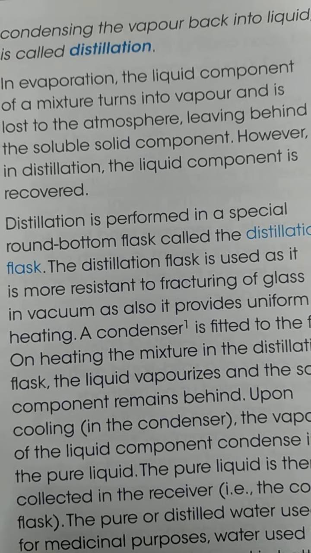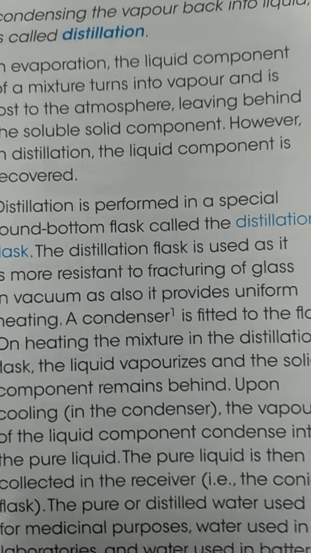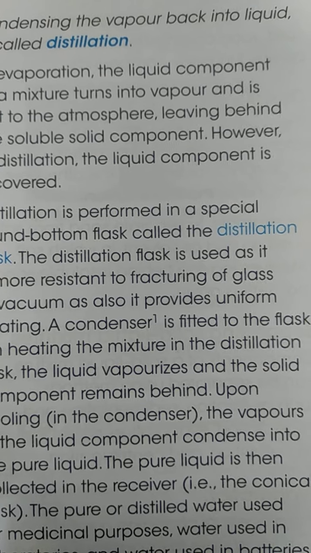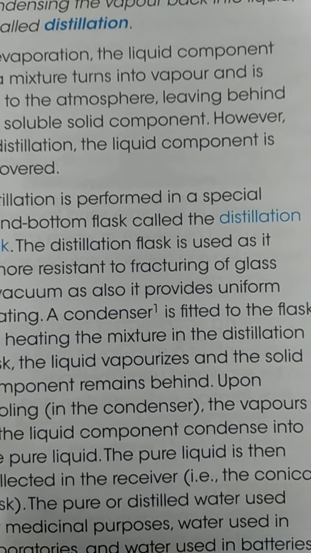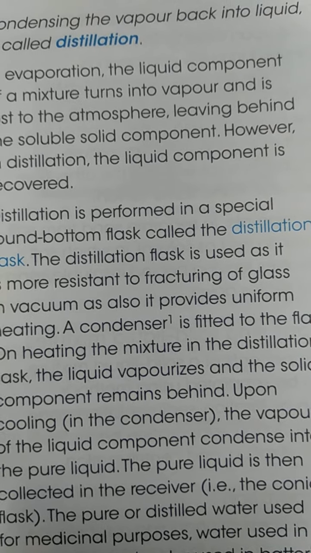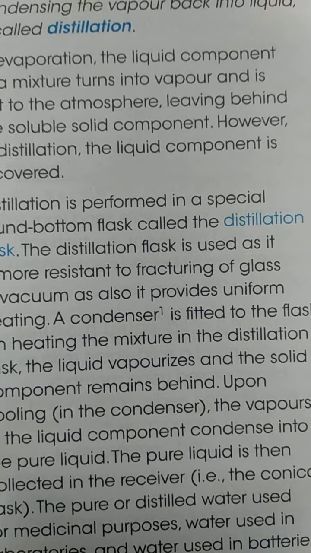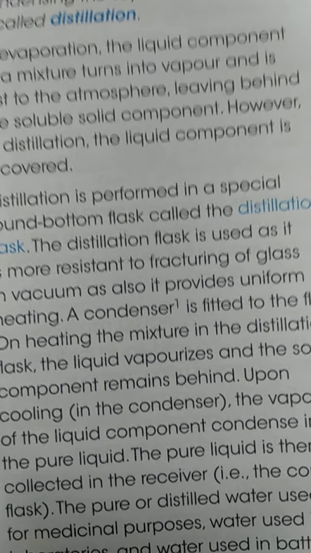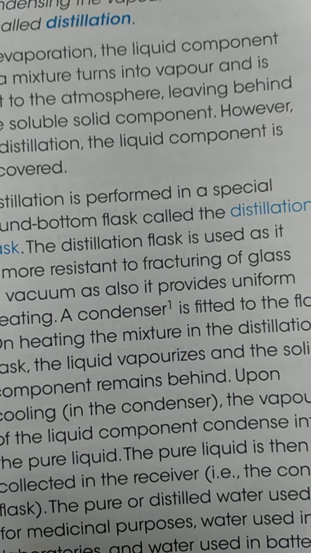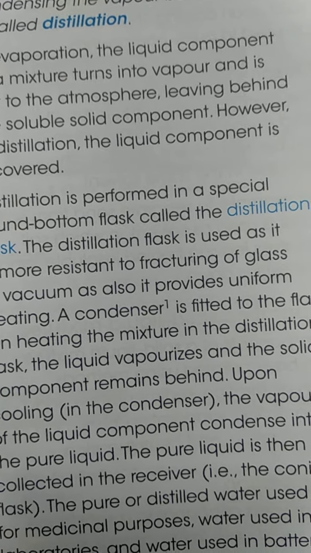When the vapors cool, the vapors of the liquid compound condense into pure liquid. The pure liquid is then collected in a receiver or a conical flask. The pure substance that is obtained is either distilled water or used for medical purposes.